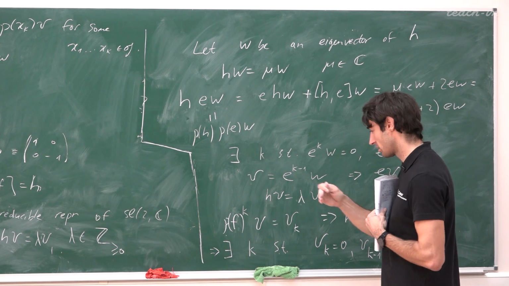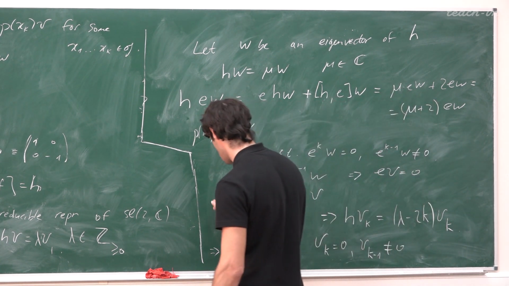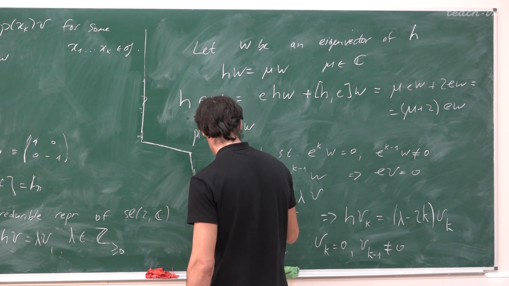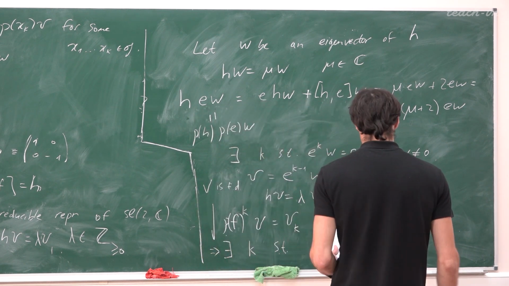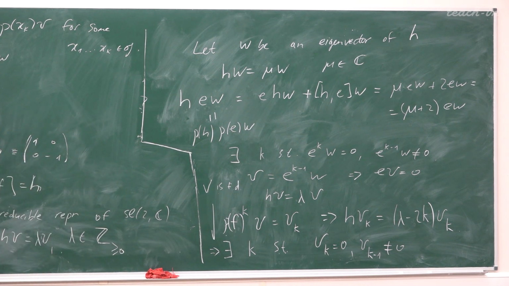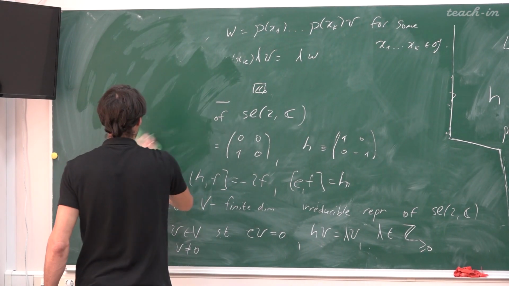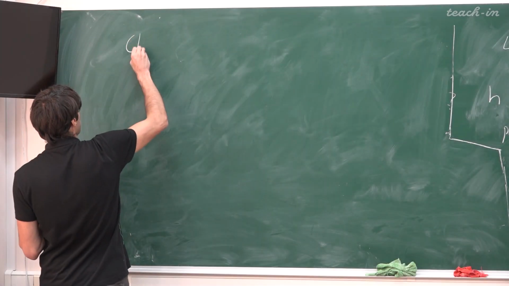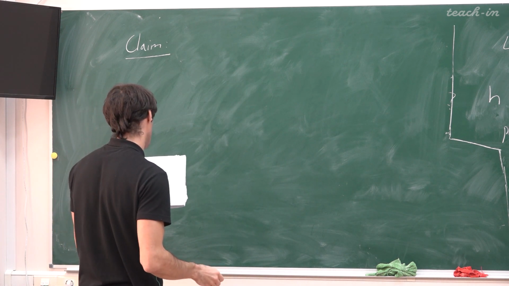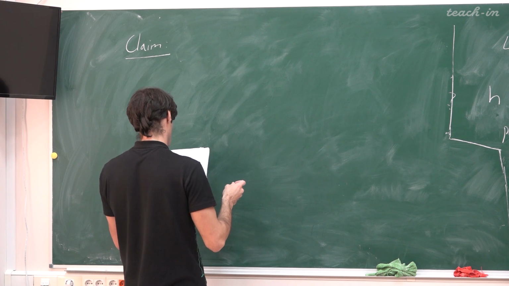So at some point I should have only zeros, again, because V is finite dimensional. Okay, then let me inspect when such thing can happen. Okay, claim. The following formula is true.